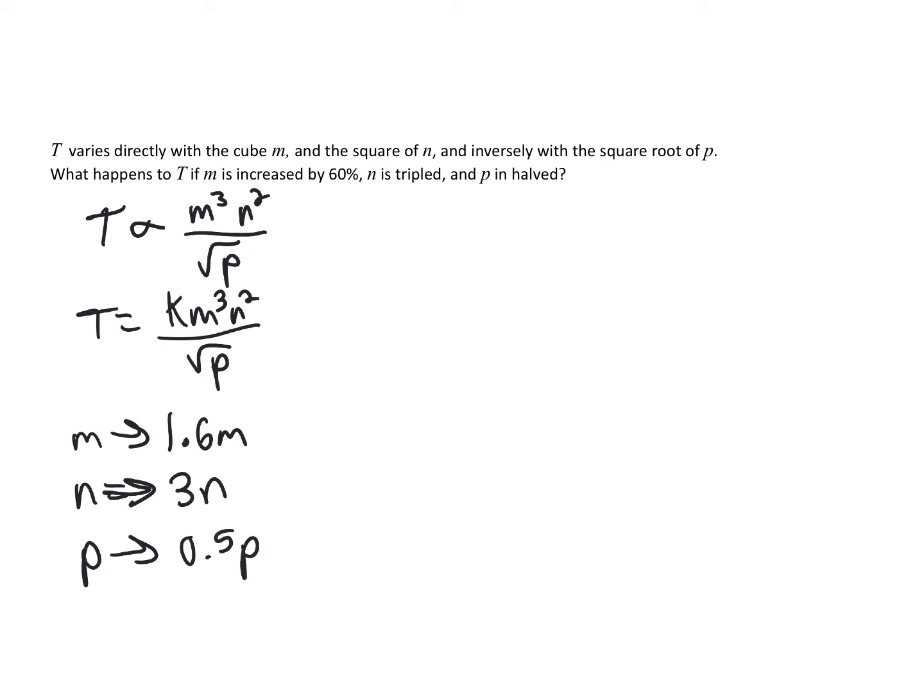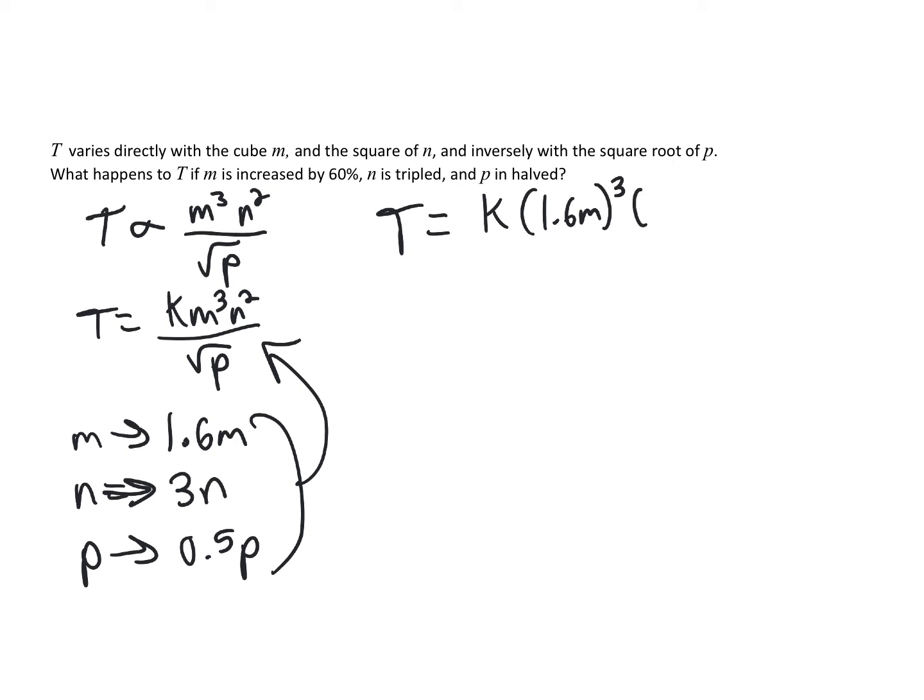So we're just going to plug all those into this here. So t is now k, 1.6m cubed, 3n squared over root 0.5p. We can factor things around.